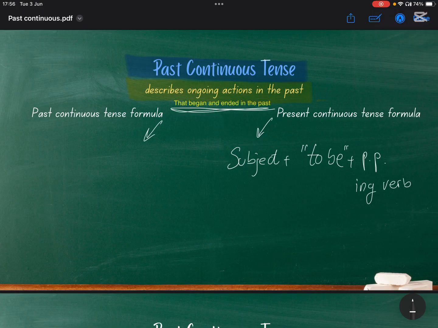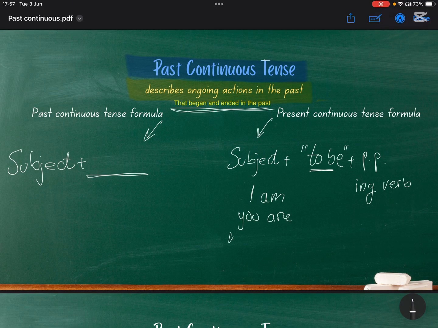Past continuous tense, we have subject plus, and here is the only difference, the verb to be for the past continuous has to be conjugated in the past tense. So the verb to be, also a reminder, in the present simple tense is I am, you are, for he, she, it, is, and for plural, for we, you, they, are.